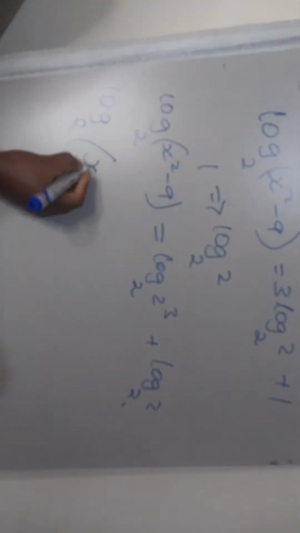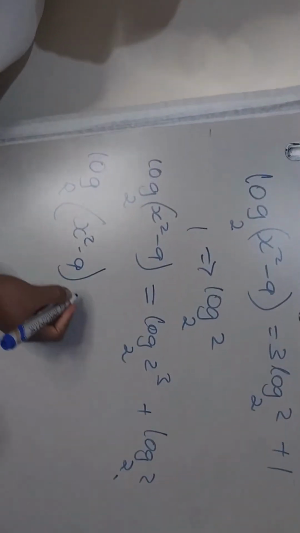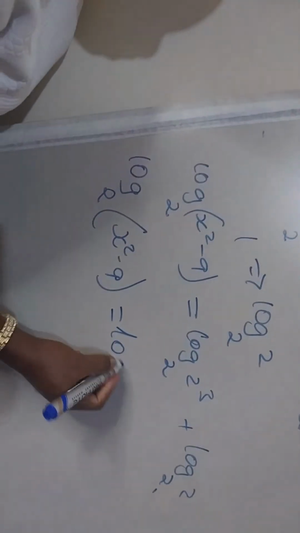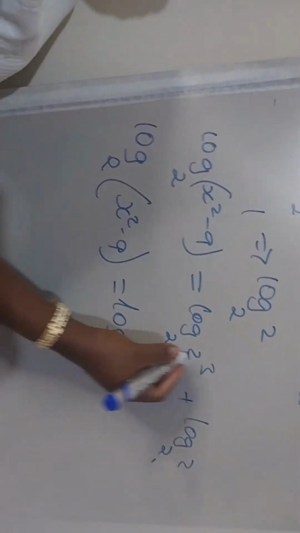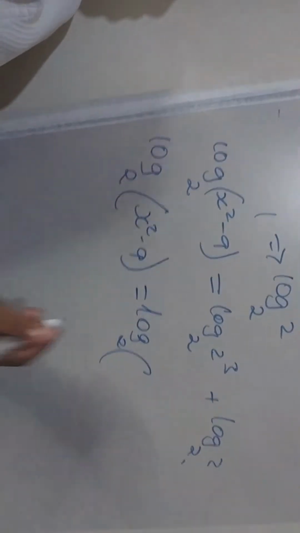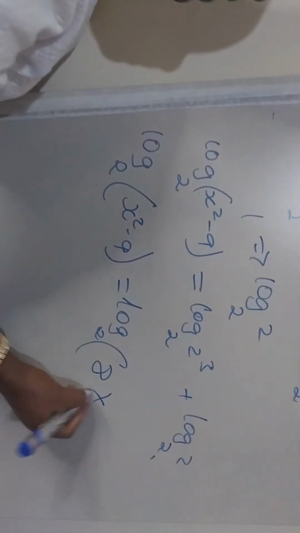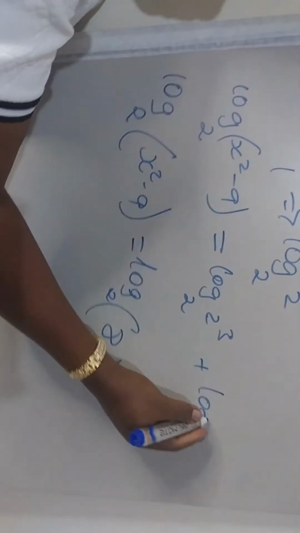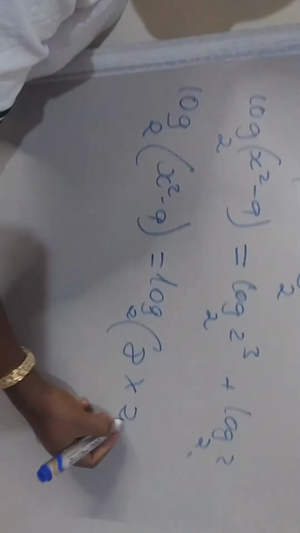Let us also do log to base 2. Log to base 2 of x squared minus 9 is equal to log base 2 of 2 to power 3, which means 2 times 2 times 2, which is 8, times 2 after ignoring the log 2 base 2, we remain with the 2.